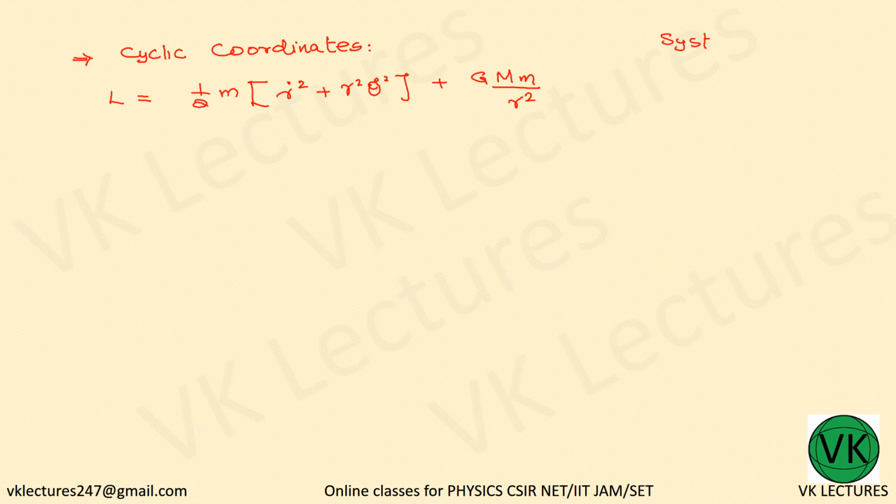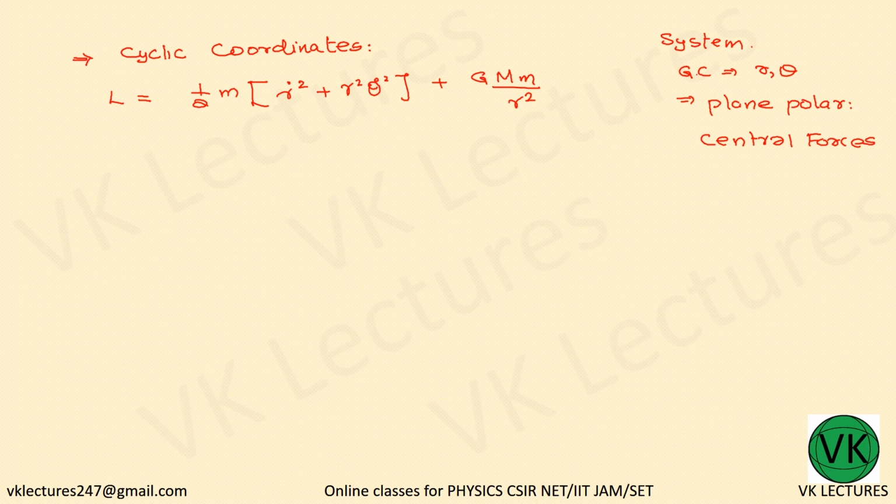Since it is in r and theta, the generalized coordinates are r and theta, that is, the plane polar coordinates, so the system is dealing with central forces. That means forces act along the line joining the centers of two objects.